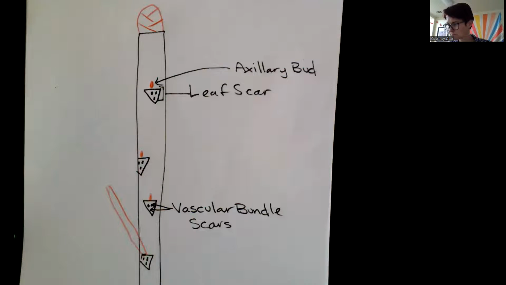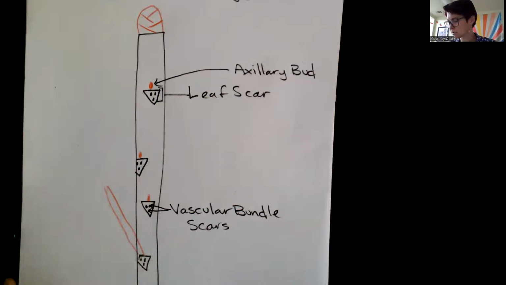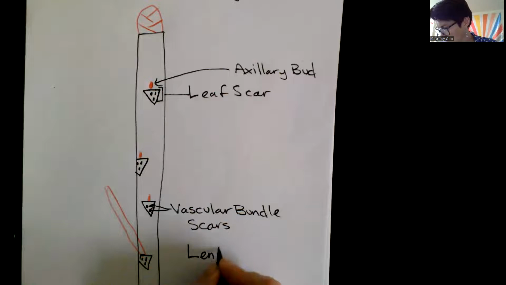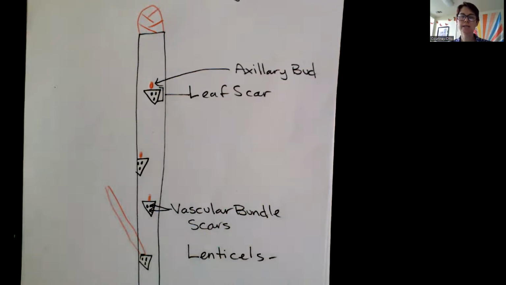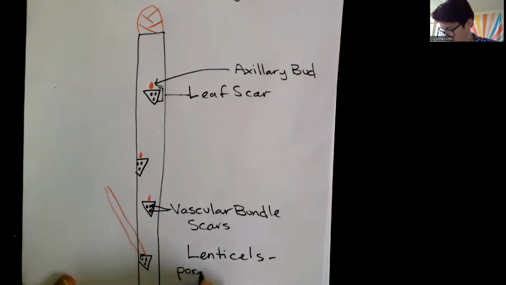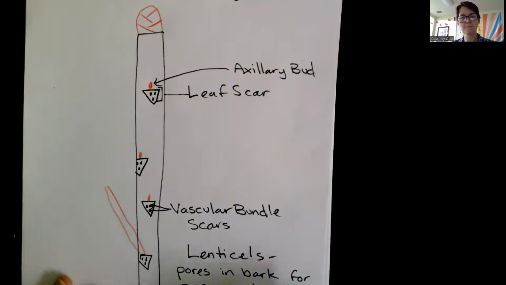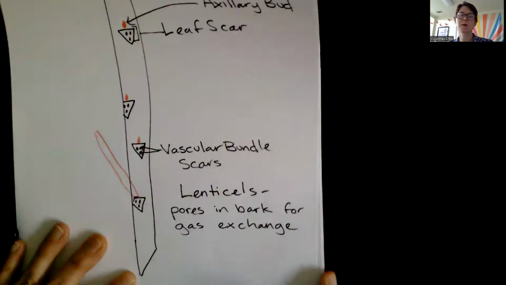Let's see. Another structure that I want to add to this are something that we call lenticels. And lenticels are going to be pores in the bark for gas exchange. This is kind of like the bark equivalent of those guard cells or stomata.